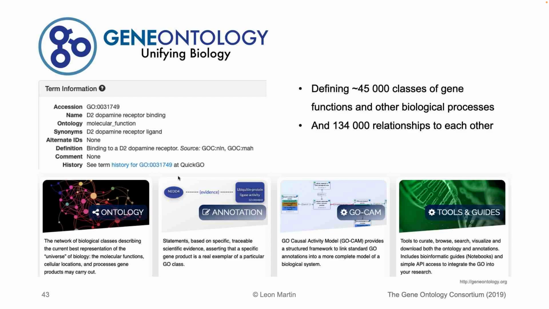The last ontology I want to show you quickly is the Gene Ontology, which is presumably the largest ontology I'm aware of, at least in the biomedical field, which is defining over 45,000 classes of genes and hundreds of thousands of relationships to each other. And it has the ontology, the annotation, and it has also knowledge about it. And there are also tools, for example, gene set enrichment.